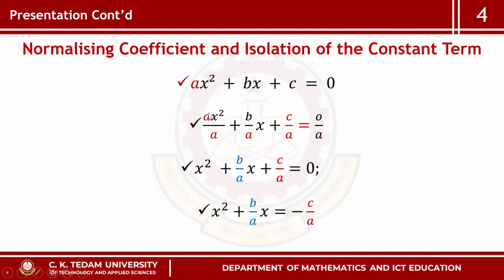So you will see that ax squared is divided by a, bx is divided by a, and c is also divided by a, yielding x squared plus b over a x, which is in blue, plus c over a, which is in red, is equal to 0.